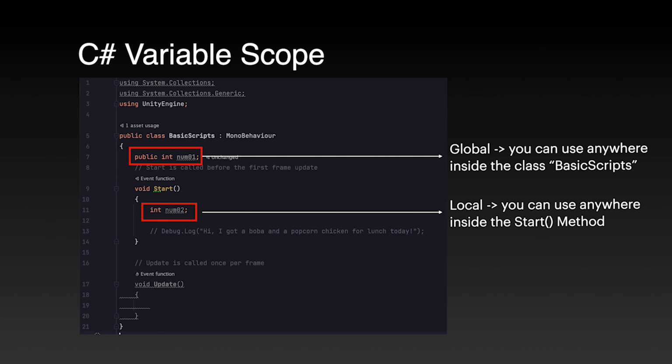Okay, so let's take a look. If we put public in front, it means it can be used anywhere inside the class. Also public means that it can be accessed from other scripts.